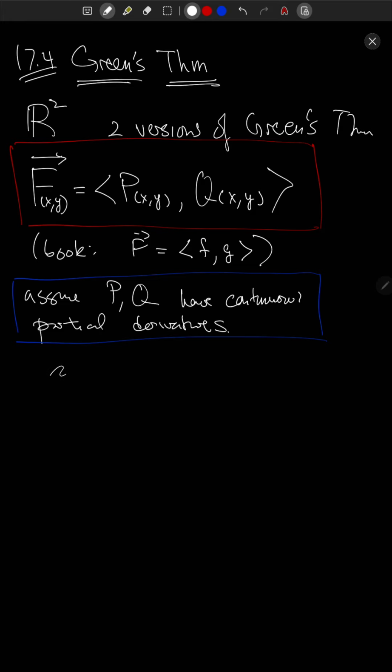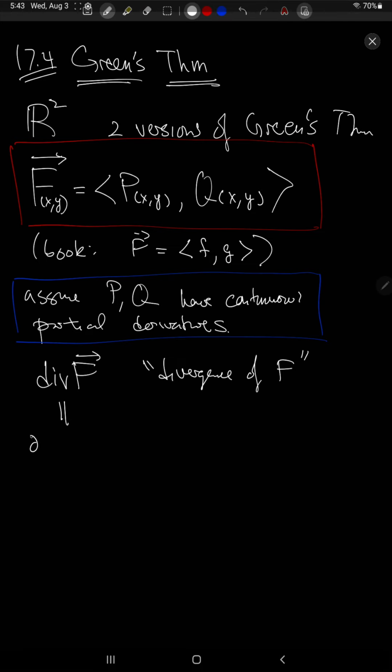The first definition relating to this vector field F is the divergence. So this is the divergence of F. This is an operation that you can do on a vector field, where you put in a vector field and you get out a function. And the function is going to be dP/dx plus dQ/dy.